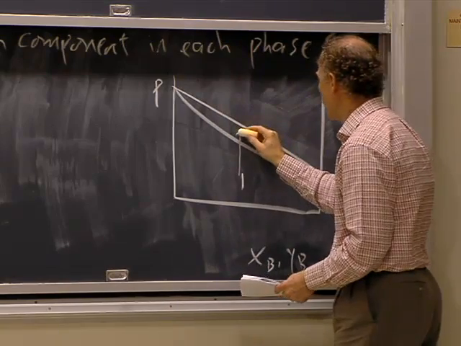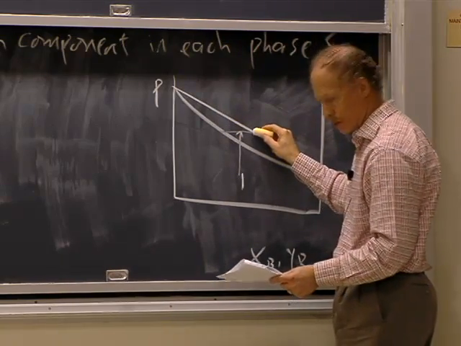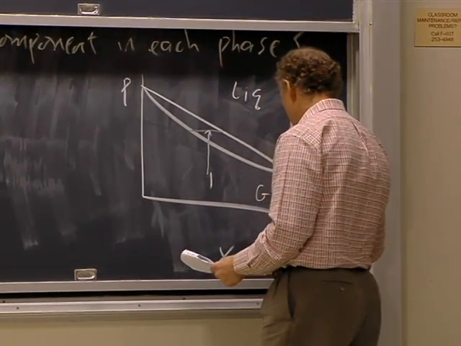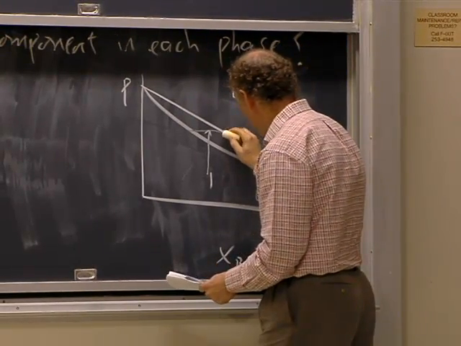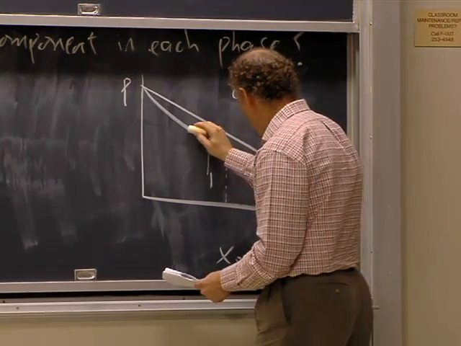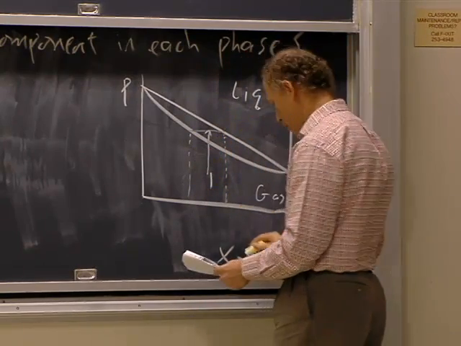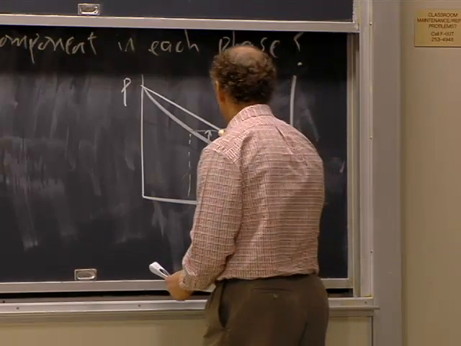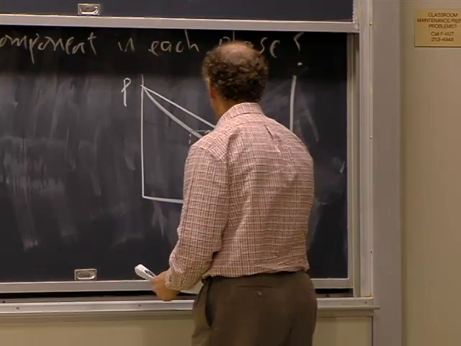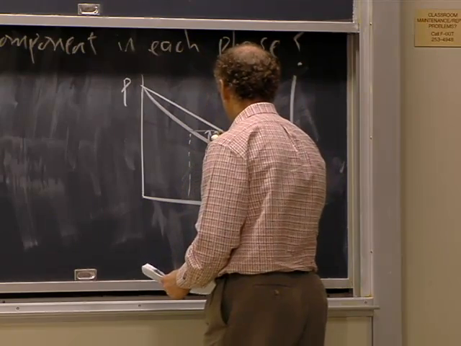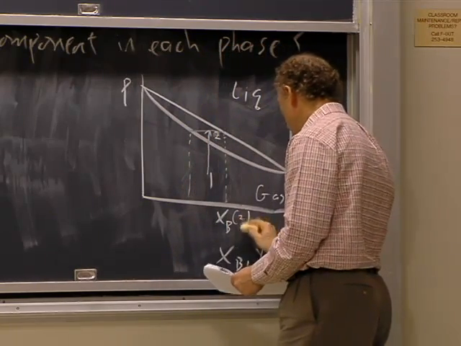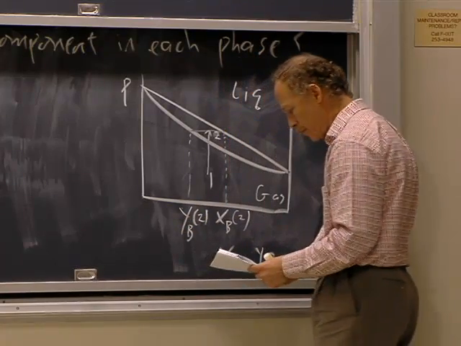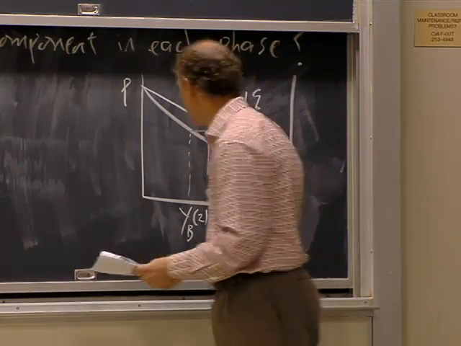And somewhere out there, now I can go to my coexistence curves, liquid and gas, and I can read off my values, right? So this is the liquid XB. So I'm going to go up to some point 2. Here's XB of 2. Here's YB of 2, right? Great.